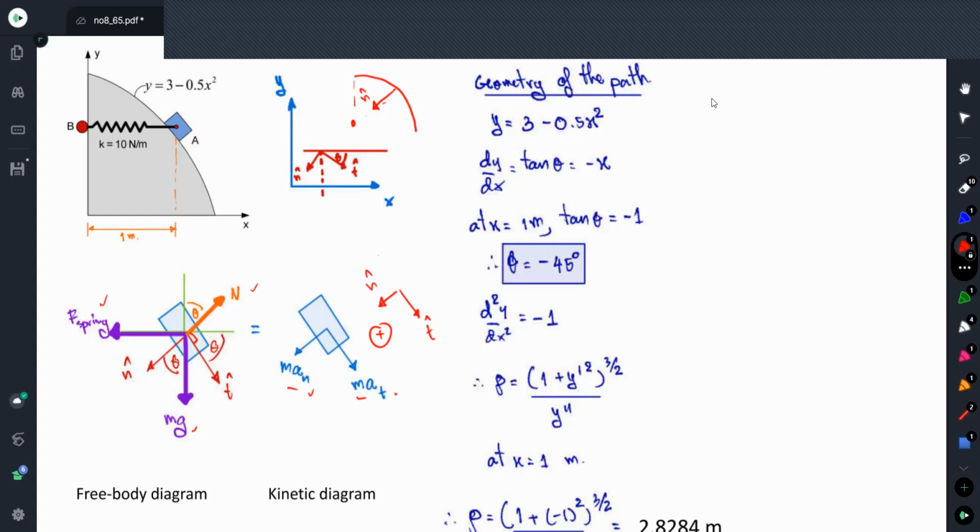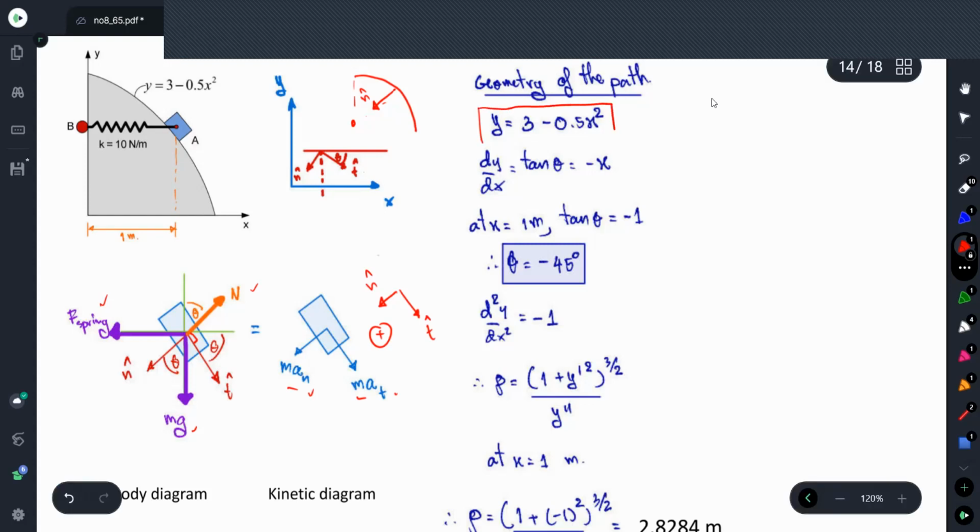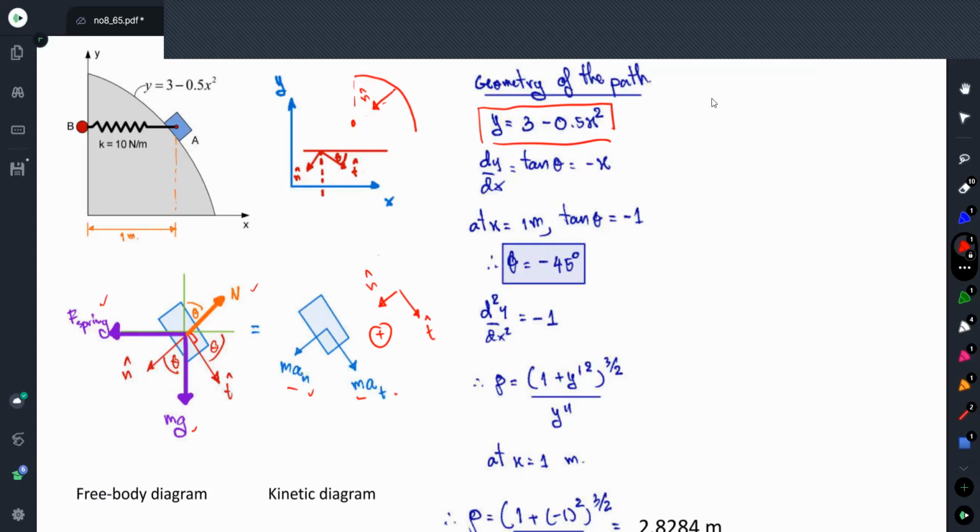We have drawn the picture already, and we can determine the angle theta by taking the derivative of the curve path. We already know the equation of the path: y equal to 3 minus 0.5 x squared. To find the angle theta, dy by dx is equal to tan theta.